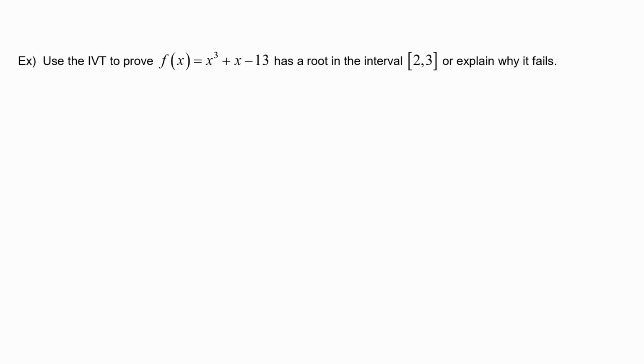In this example, use the intermediate value theorem to prove f of x equals x cubed plus x minus 13 has a root in the interval, which is a closed interval, from 2 to 3, or explain why it fails. Now remember, for a function to have a root, that means that the function is equal to 0 there.